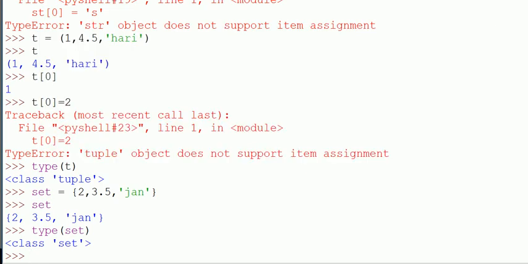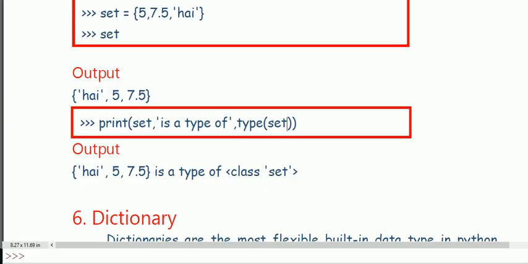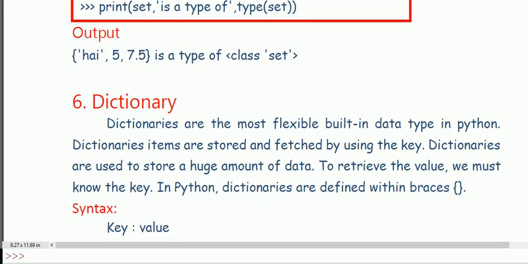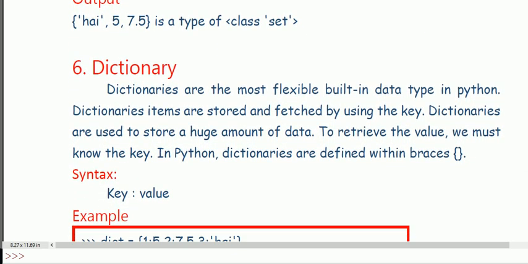Now we'll see another data type, dictionary. Dictionaries are more flexible built-in data types in Python. Dictionary items are fetched by using the key.